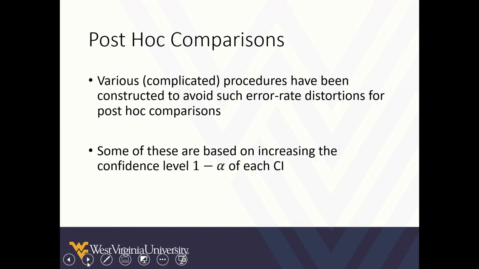So there are various and complicated procedures that have been constructed to avoid error rate distortions for our post hoc comparisons. And what I mean by error rate distortions is what happens when we conduct multiple comparisons, and each comparison we make lowers our significance level. Some of them are easy enough, where it just raises the original confidence level.